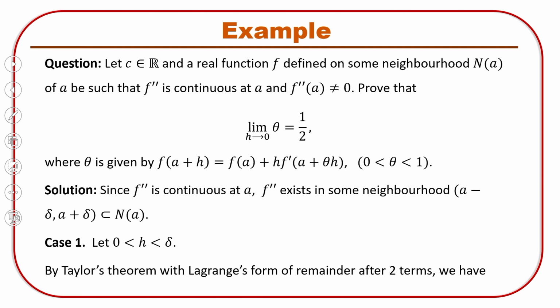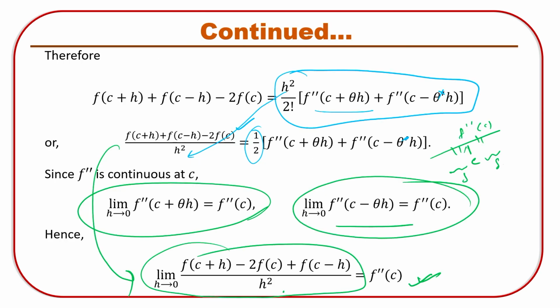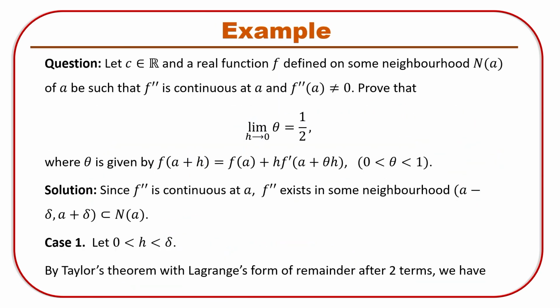If you understand the previous question and its solution, you may try to find the answer to this. Let A be a real number and f be a real valued function defined on some neighborhood N of A, such that f double dash is continuous at A and f double dash of A is not equal to 0.